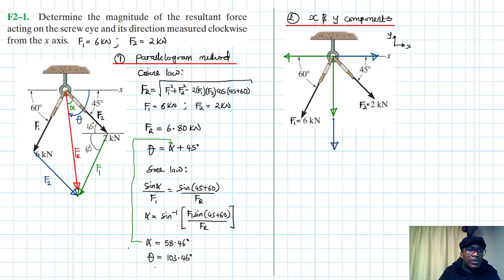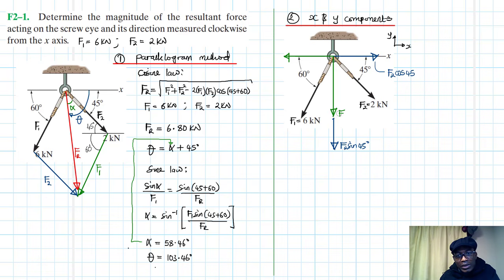Okay, so let's label this. So this one is going to be equal to F2 cos 45, which is just equal to, you know what it is, we can leave it like that. This is F2 sine 45.